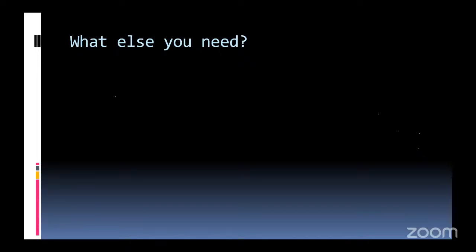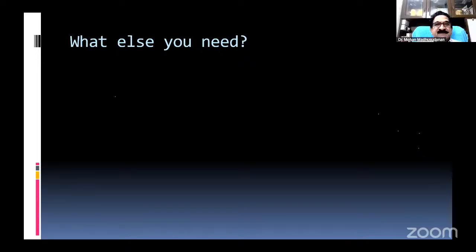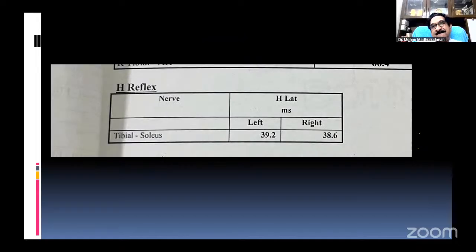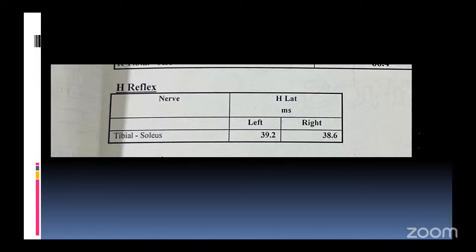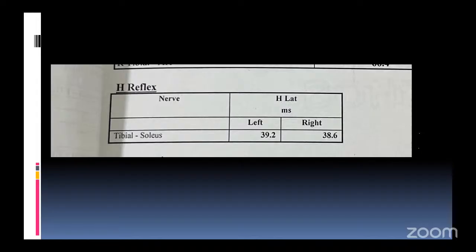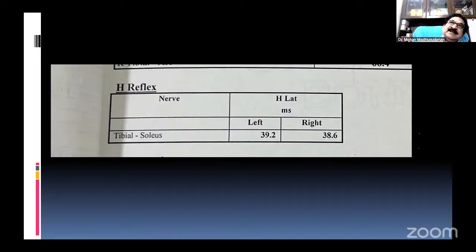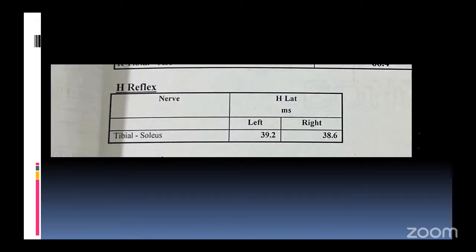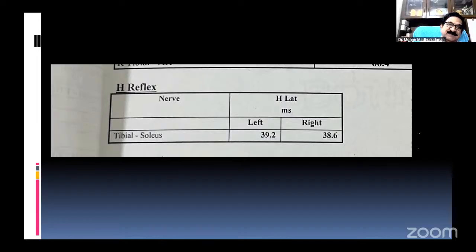H reflex to localize. Yeah, right. H reflex is prolonged bilaterally. F wave is also prolonged. H is also prolonged. CSF may be worthwhile if CIDP is considered. But the problem is only confined to the distal part of both lower limbs. Yes, sir. Upper limb is normal. Okay.